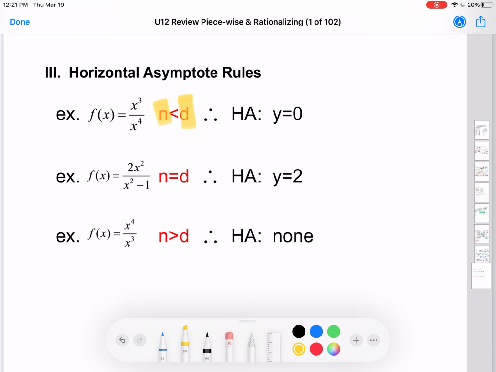So 3 is less than 4. Anytime your numerator is less than your denominator, it's just y equals 0 every time. If the highest degrees are equal, then it's equal to the ratio of the coefficients, which is 2 over 1. So the horizontal asymptote is y equals 2. And remember, if n is greater than d, then there is no horizontal asymptote.